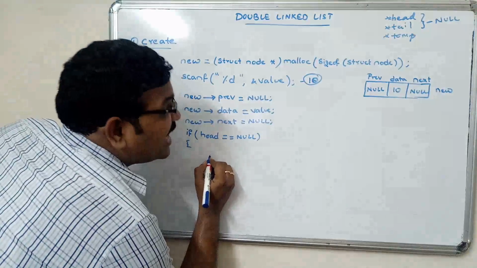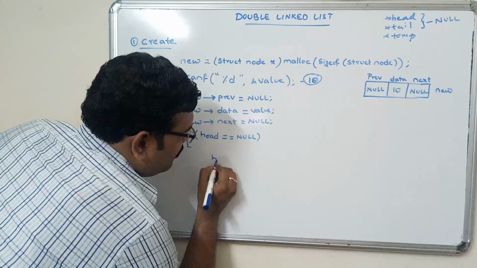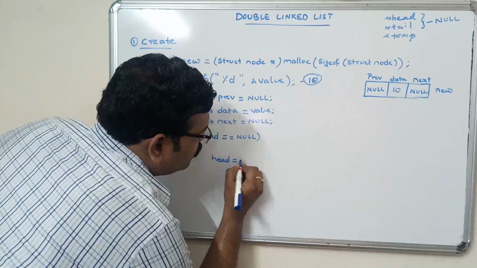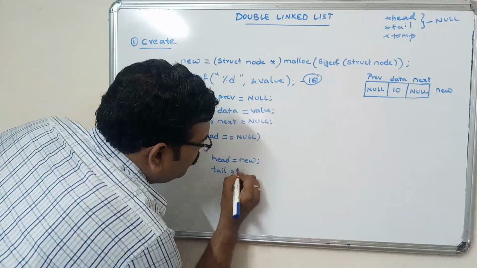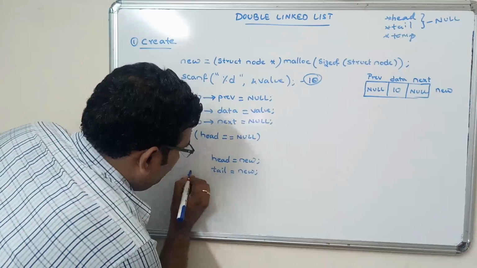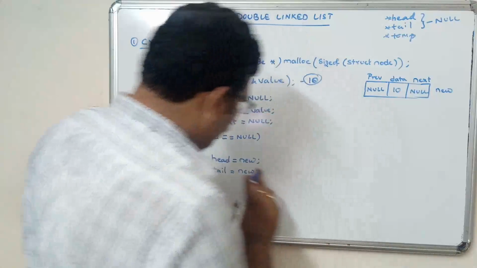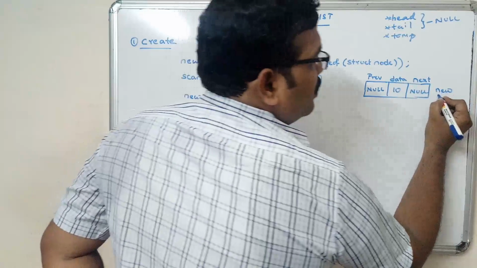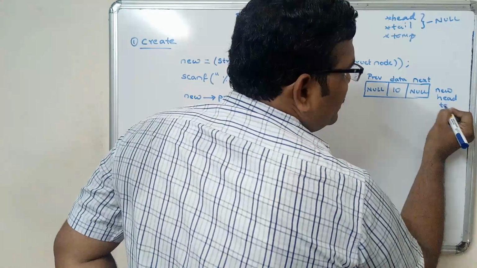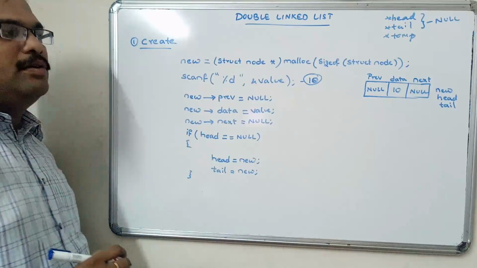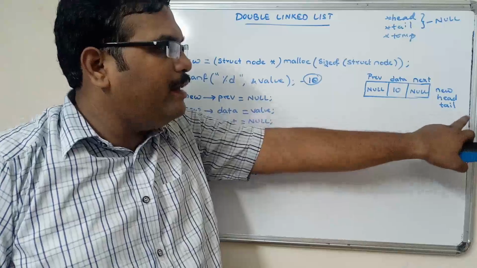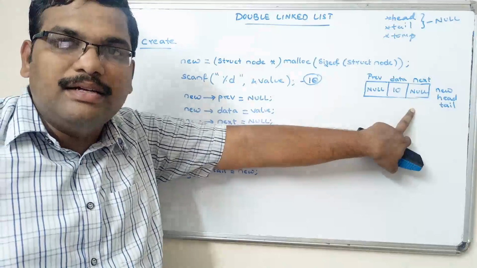That's why we can say head is equal to new, tail is equal to new. So after executing this statement, this is the head, this is the tail. All the three, new, head, tail, are pointing towards the same node.